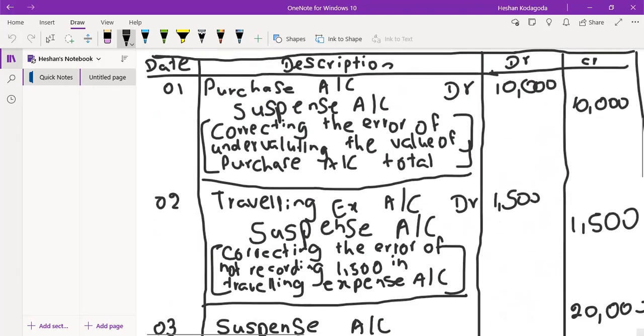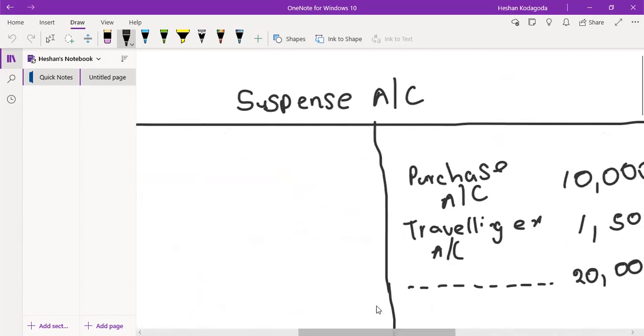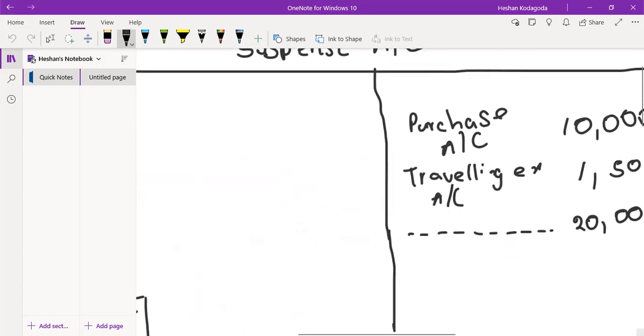Am I clear to you, Devi, Ramiru? You didn't understand, right? Okay. Now check what has happened.